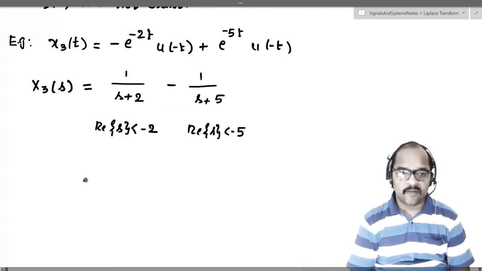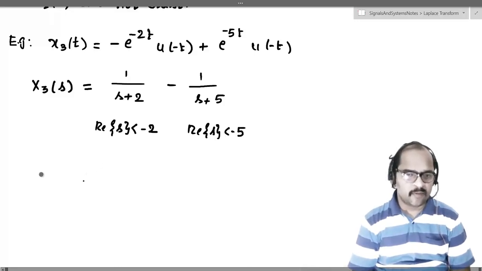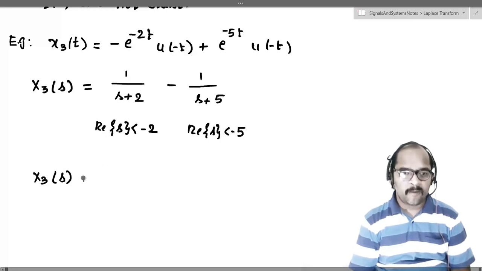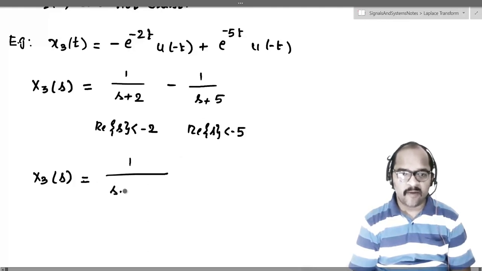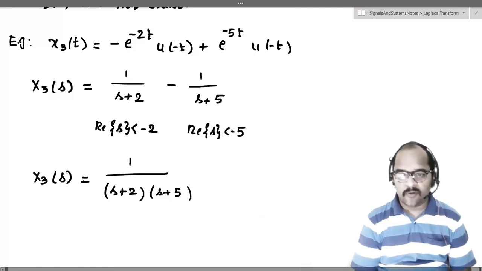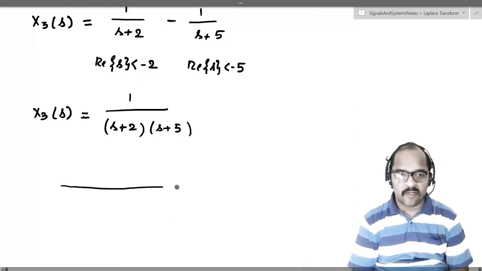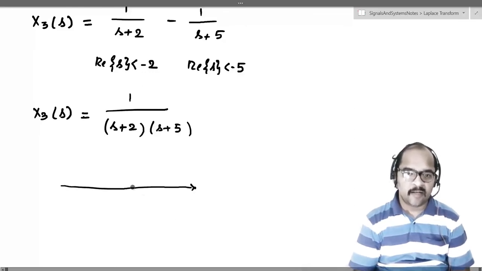Now let us write down what x3 of s is. As usual, you will get 1 divided by s plus 2 multiplied with s plus 5. But if you want to find the overall ROC, we have to draw the real line. Again, this is minus 2, this is minus 5.